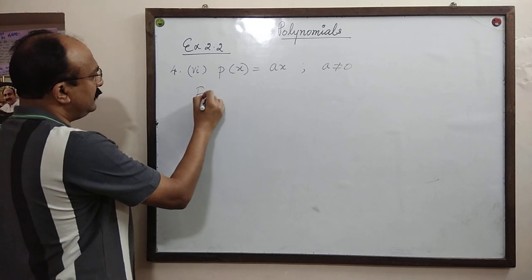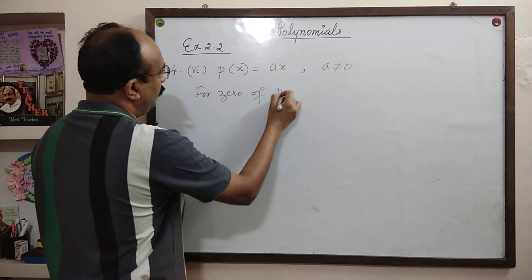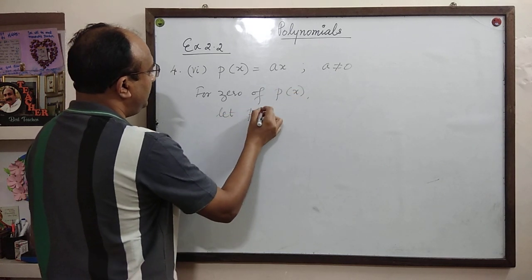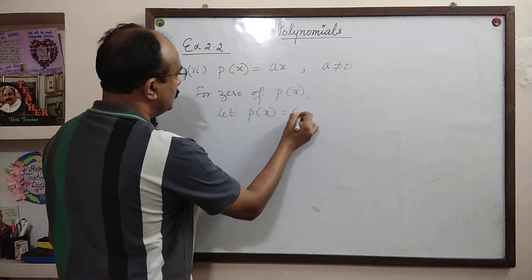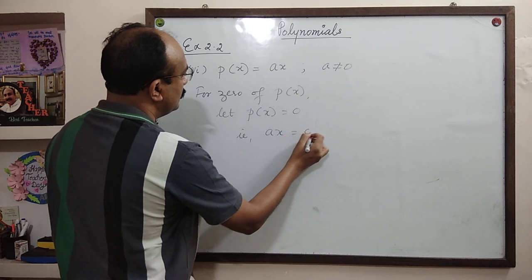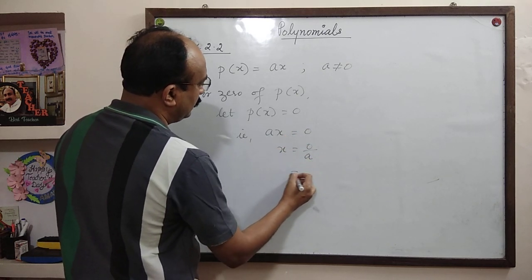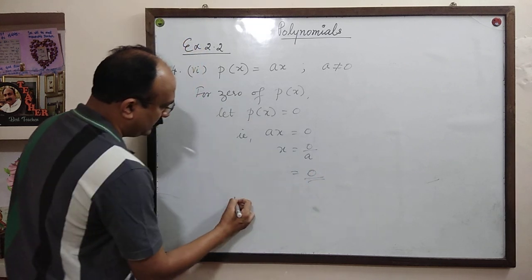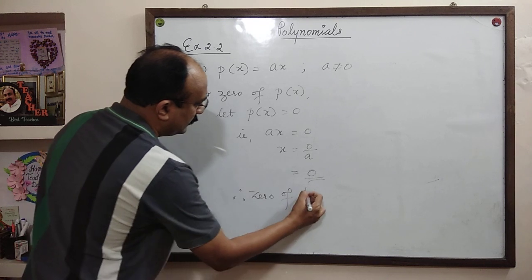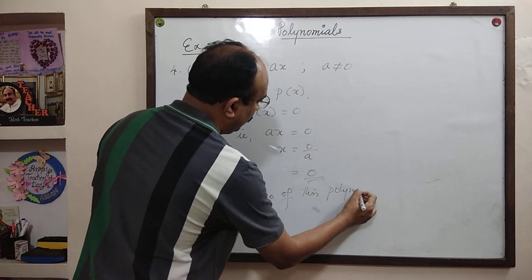So once again same method. For the 0 of p(x), let p(x) equal to 0. That is ax equal to 0. x is equal to 0 upon a equal to 0. Therefore, the 0 of this polynomial is 0.